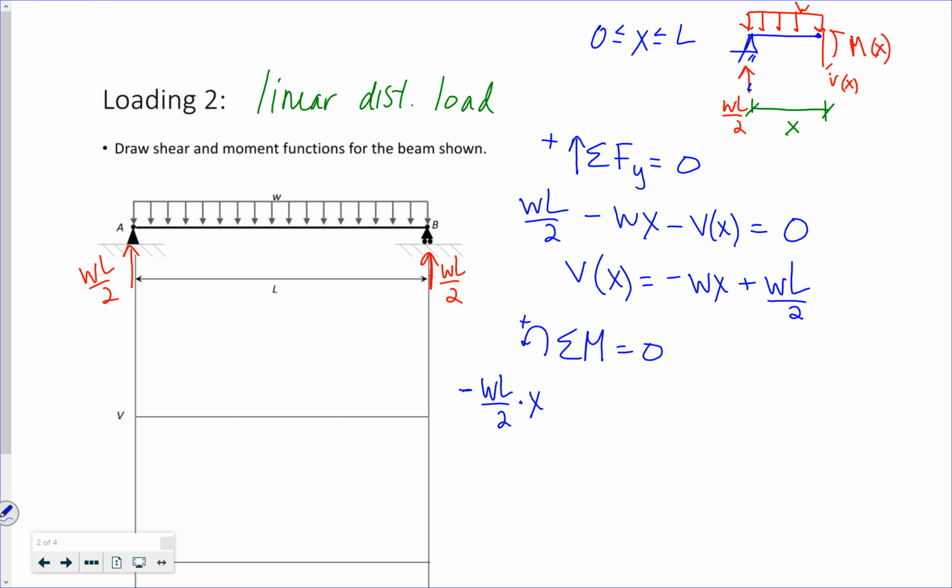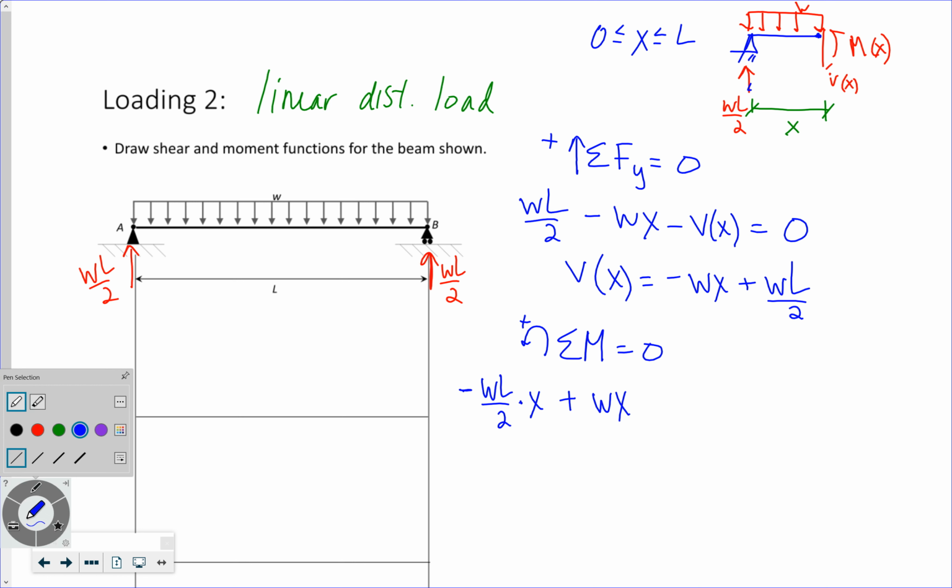Acting counterclockwise, so it's positive, I have the resultant of that distributed load, which is WX, and it's acting at a distance X over 2.